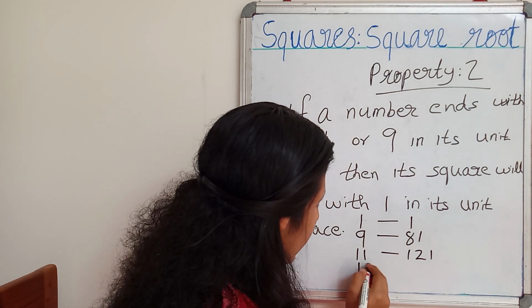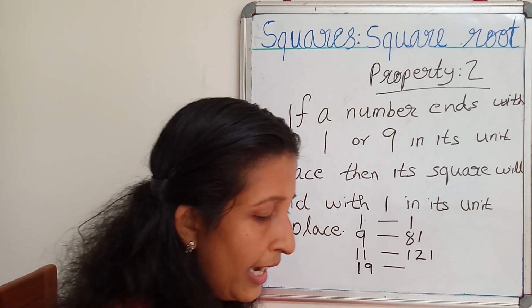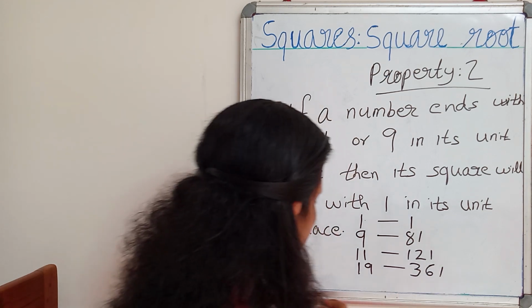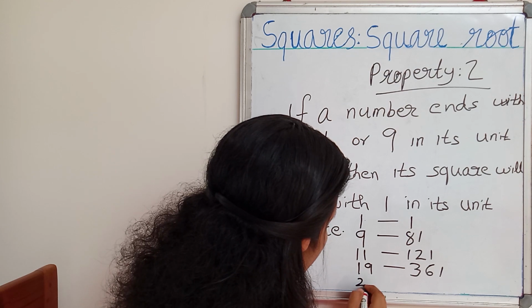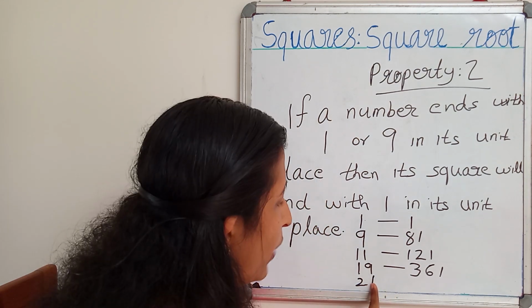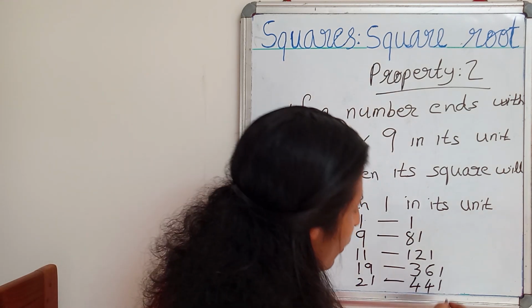Then 19 is the next number. Last digit of this number is 9 and its square is 361. Then one more number I am selecting, that is 21. What is the last digit of this number? 1. And its square is 441.